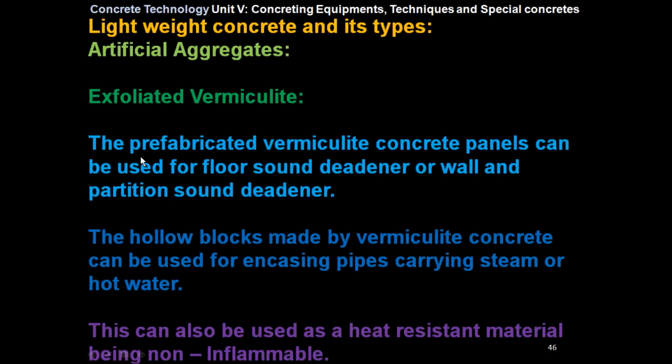The prefabricated vermiculite concrete panels can be used as floor sound deadener or wall and partition sound deadener. The hollow blocks made of vermiculite concrete can be used for encasing pipes carrying steam or hot water. This can also be used as a heat resistant material, being non-inflammable.